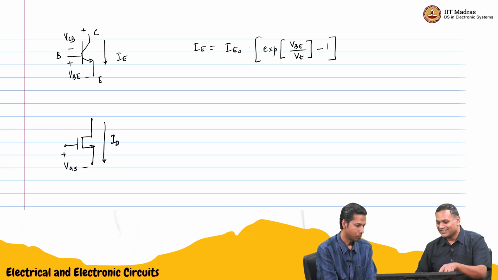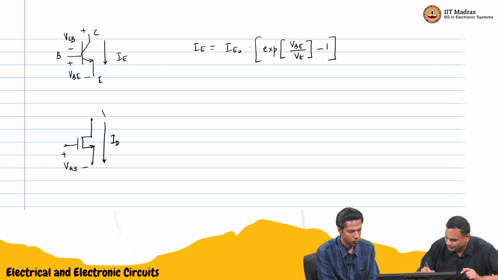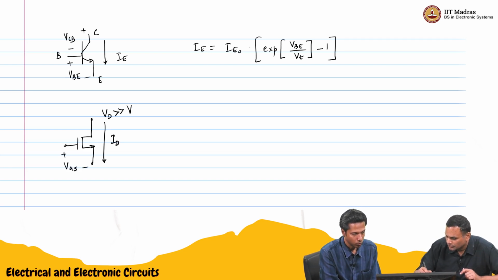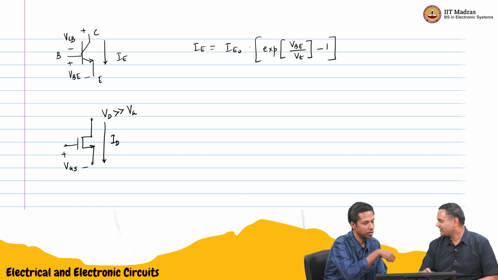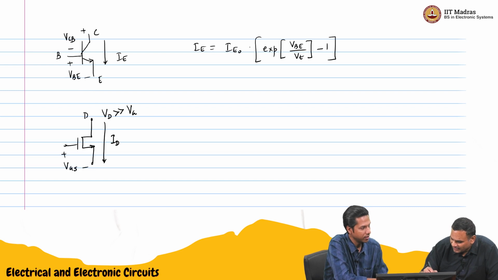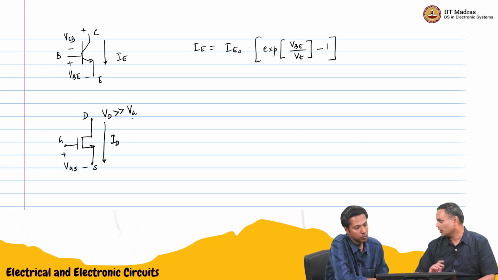The exact equation is different because it's not a junction, but there are two regions of operation. So we will look at that case, something like this. Drain, and gate and source. In fact, I am going to write down the exact requirement for what you want for the equation.